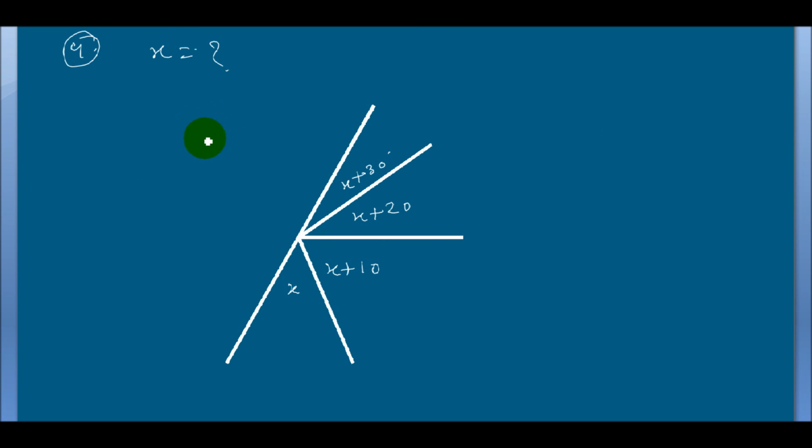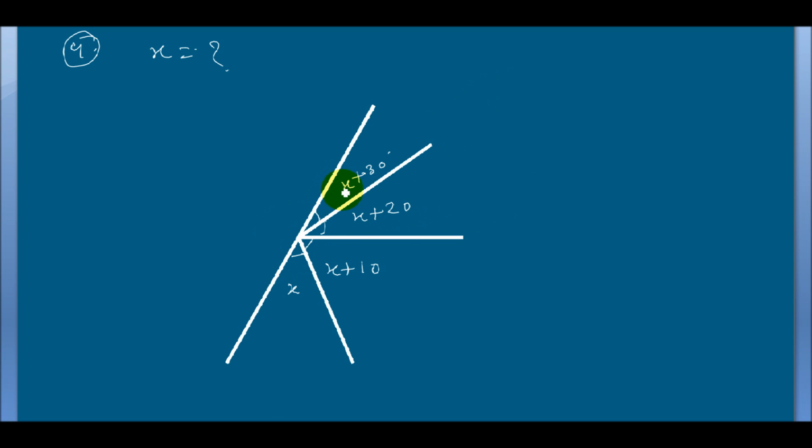In this sum, we will find the value of x. How? We know this straight line is a linear pair. That means if we add all these angles, this one, this one, this one, and this one, the total must be equal to 180 degrees. So we can solve here.